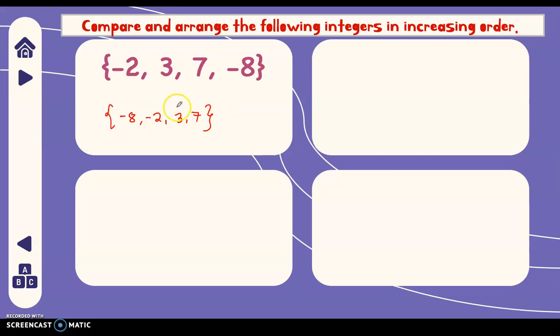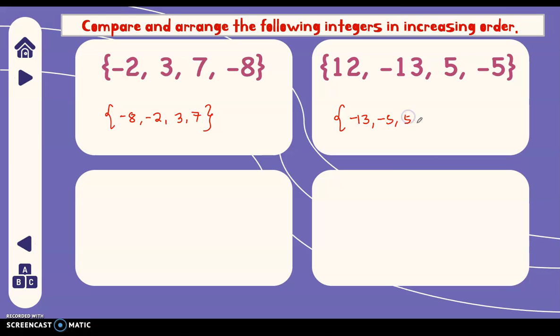So we arrange it in increasing order. Next, we have -12, -13, 5, and -5. So that is increasing from smallest to biggest number. So we have -13, -12, -5, and then 5.